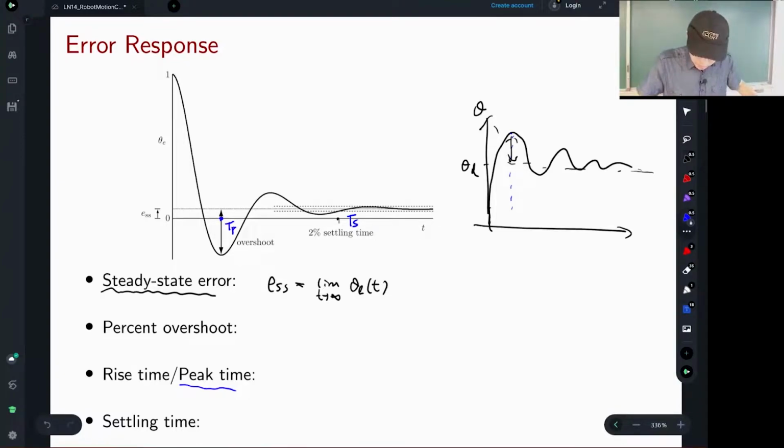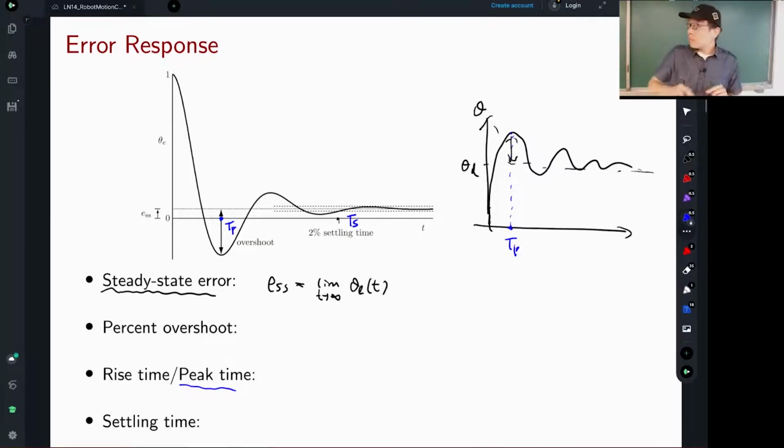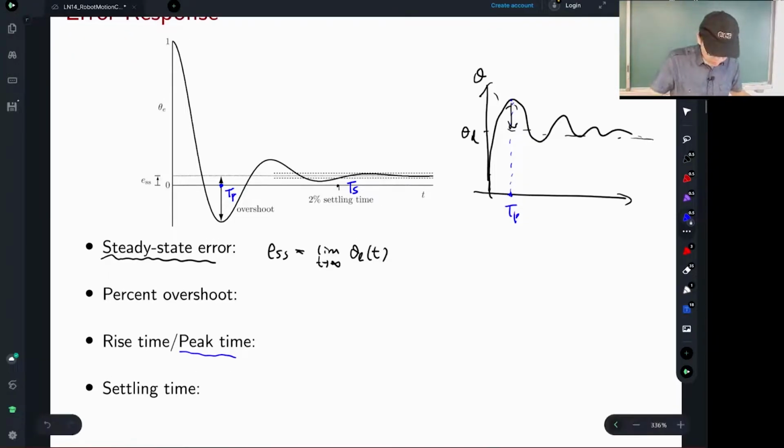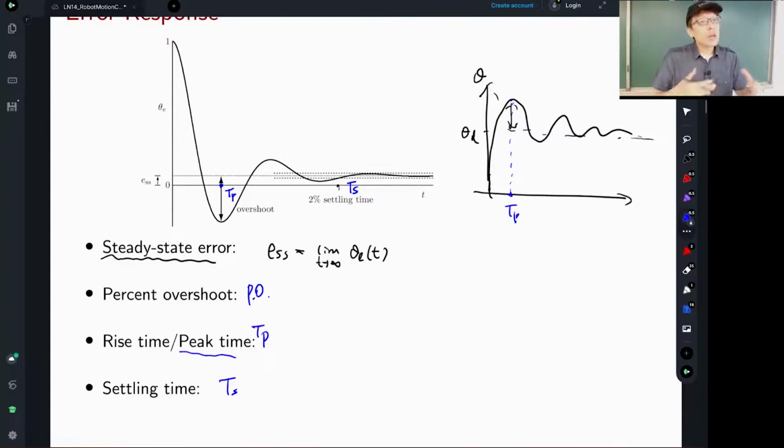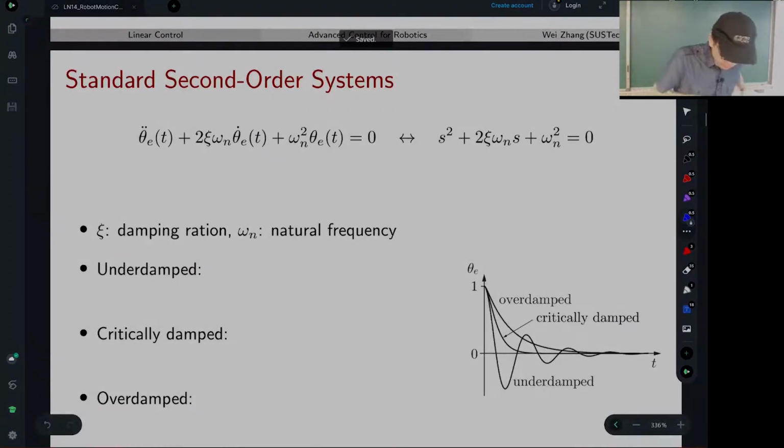If you look at the step response, not the error response, that's my TP. So: peak time, percent overshoot, settling time. All of these specify the desired response you want in the time domain. Okay, let's take a break.